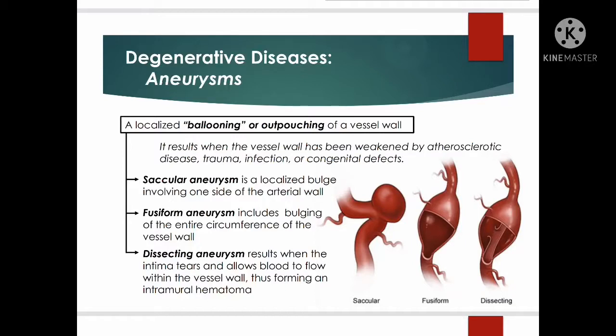Next is a fusiform aneurysm. It involves bulging of the entire circumference of the vessel wall, and it is usually seen in the distal abdominal aorta. Last is the dissecting aneurysm. It results when the intima tears and allows blood to flow within the vessel wall, thus forming an intramural hematoma. The symptoms of these often mimic those of a heart attack.